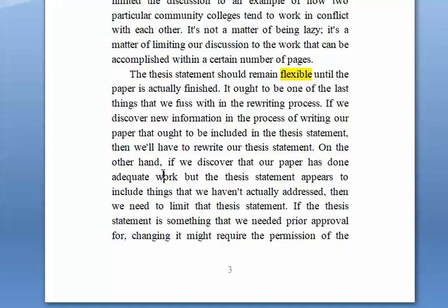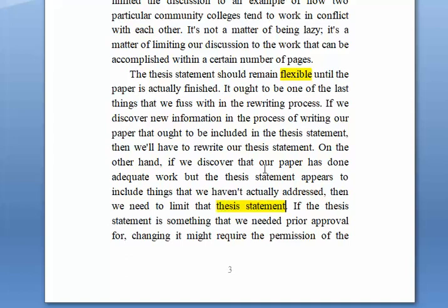On the other hand, if we discover that our paper has done adequate work but the thesis statement appears to include things that we haven't actually addressed, then we need to limit that thesis statement. The thesis statement, we can say, must be descriptive.